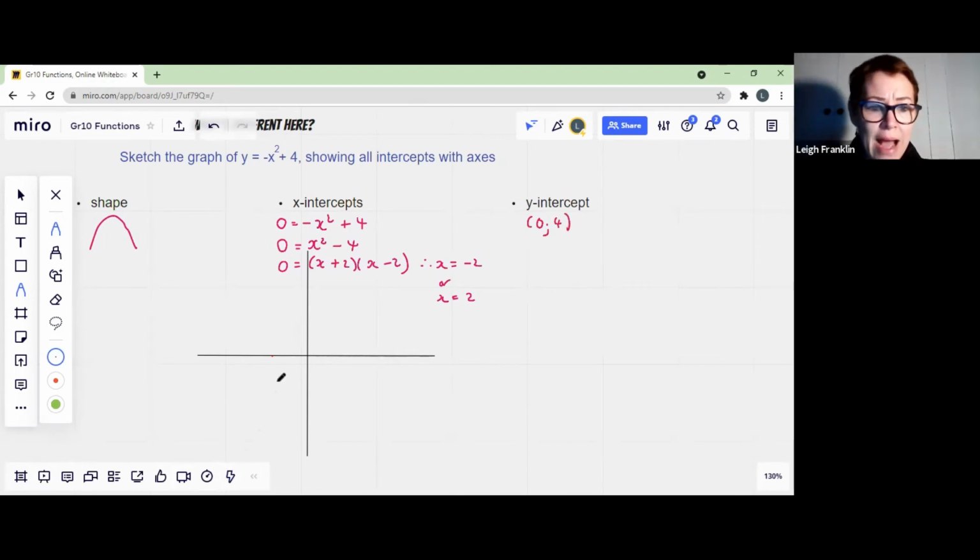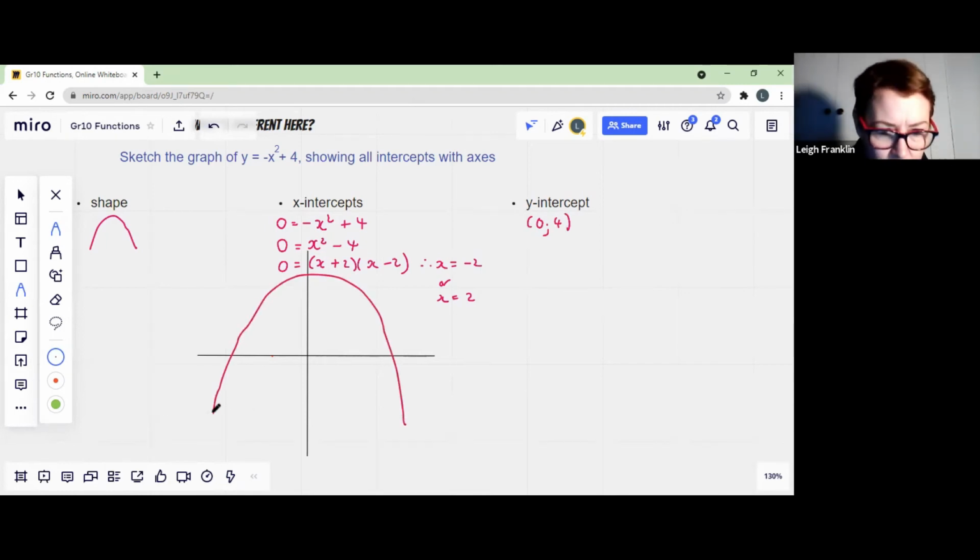All right, so now my graph has to be a sad face. Oh, that was a little bit better. It has to be a sad face. Okay, up here, that has to be the point 0 and 4, my turning point, also my y-intercept in grade 10. Then over here, I've got to label my x-intercept.